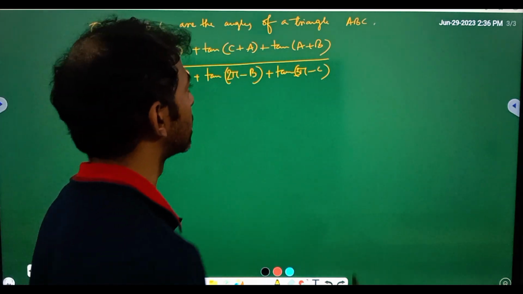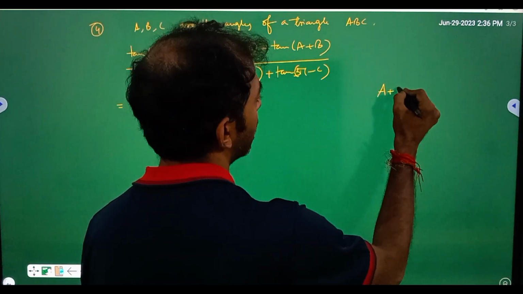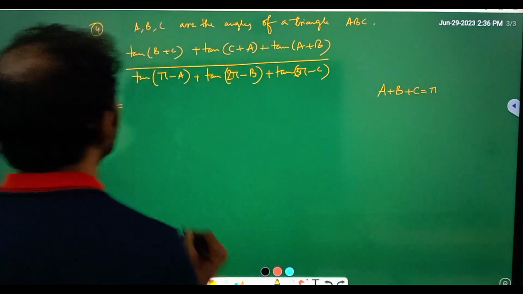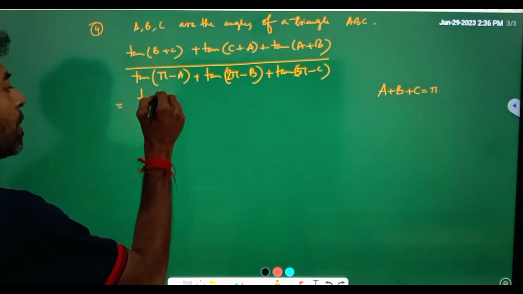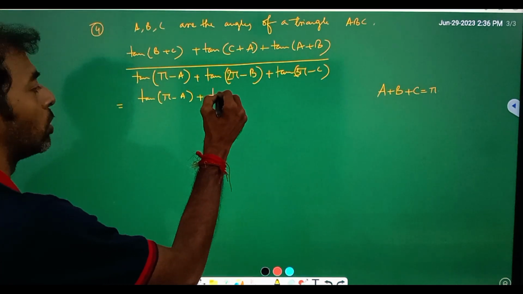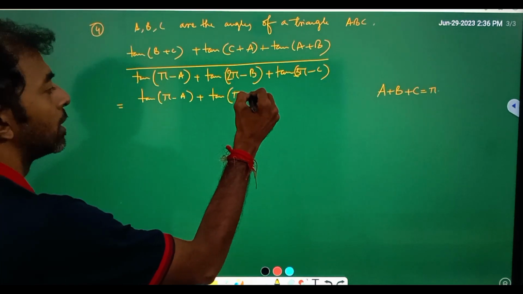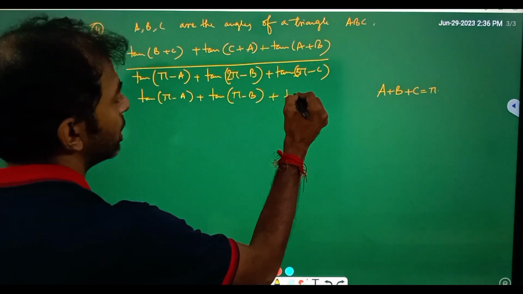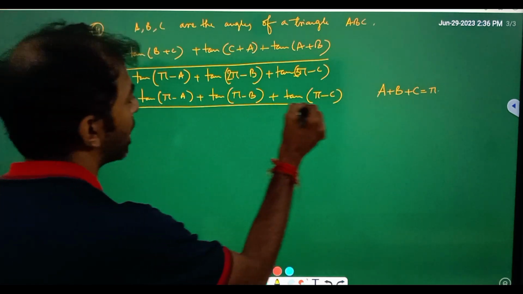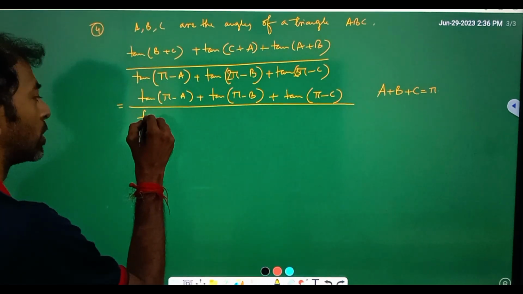I just know one result, that for any triangle ABC, a plus b plus c equals pi. So, b plus c will be pi minus a, right? And c plus a will be tan of pi minus b and a plus b will be tan pi minus c. Now, tan(pi minus a), no problem about that.